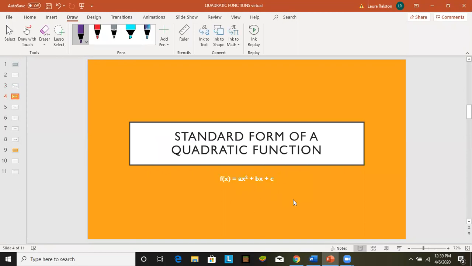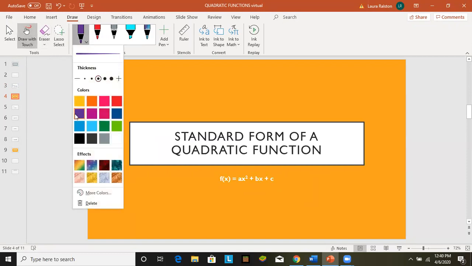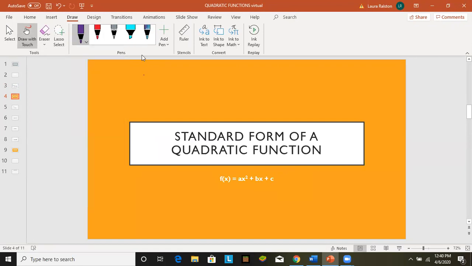And so I can really only tell you two things. One is I can tell you that it's a quadratic. And I can tell you that it's a quadratic because that high exponent on the variable is 2. So that's how I know it's a quadratic. Knowing that it's a quadratic also lets me know that visually it's going to be a parabola.